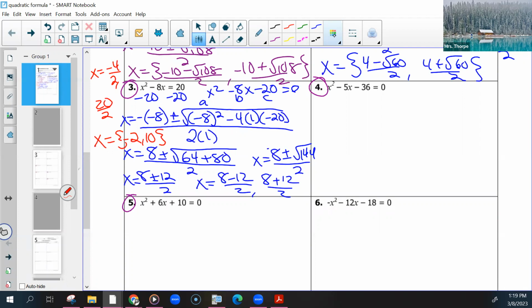So if you get a perfect square, you have to keep going. Simplify it as much as you can until you can't anymore. Questions on that one? We're gonna do 2 more and be done for today.